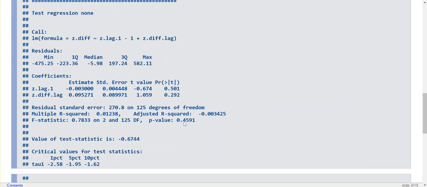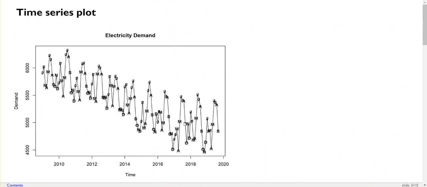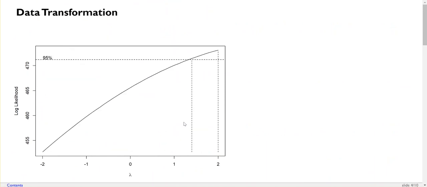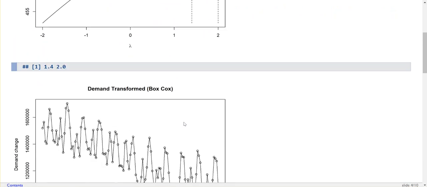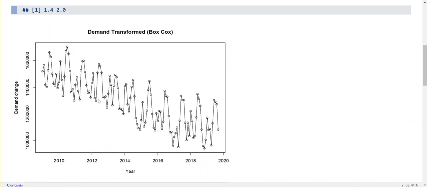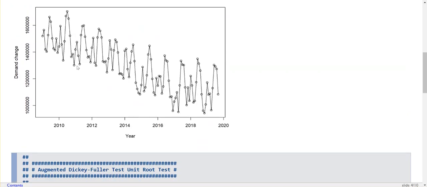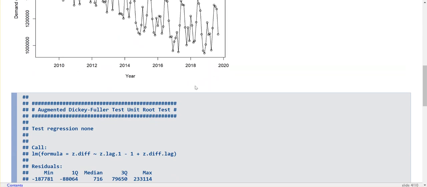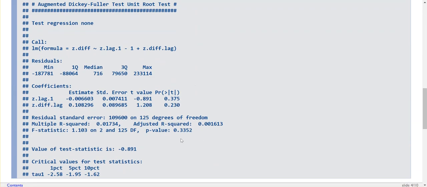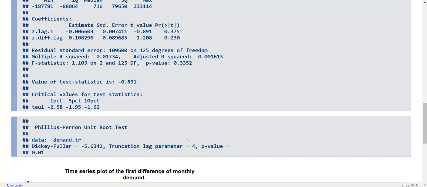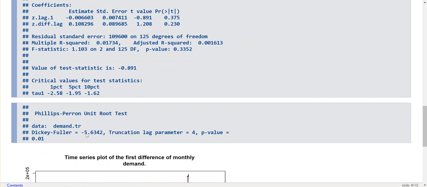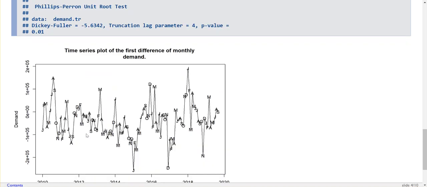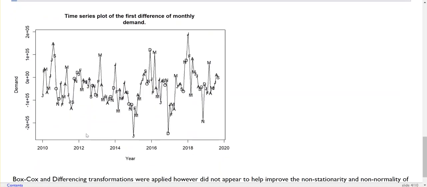We looked at whether it needs differencing and Box-Cox transformation. In our next slide, we did a Box-Cox transformation, and visually it seems like it didn't change much. When we did the ADF test again, it is still not stationary. We also tried to difference it, but then we lose the seasonality.